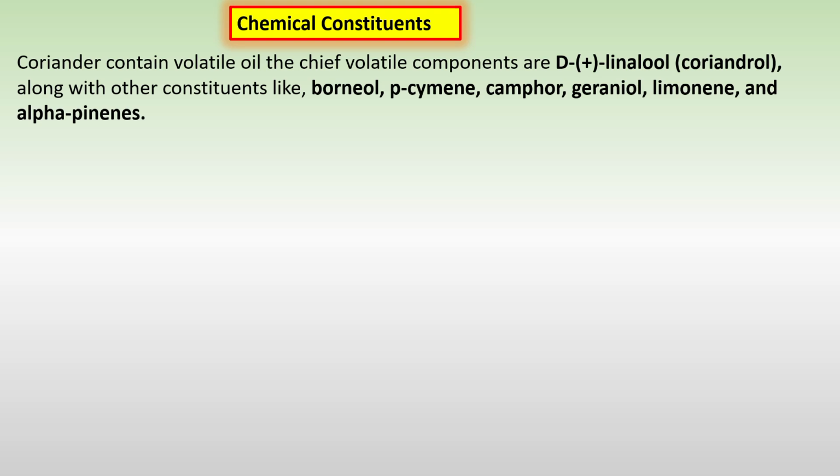Chemical constituents: coriander contains volatile oil. The chief volatile components are D-linalool, also called coriandrol, along with other constituents like borneol, paracymene, camphor, geraniol, limonene and alpha pinene.